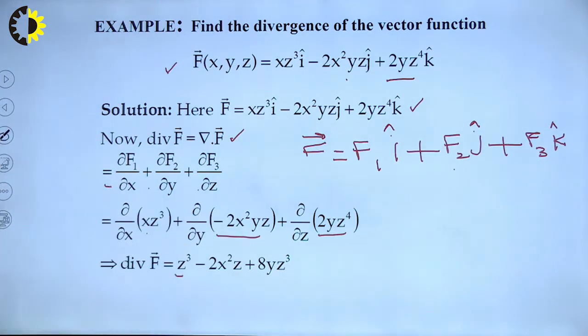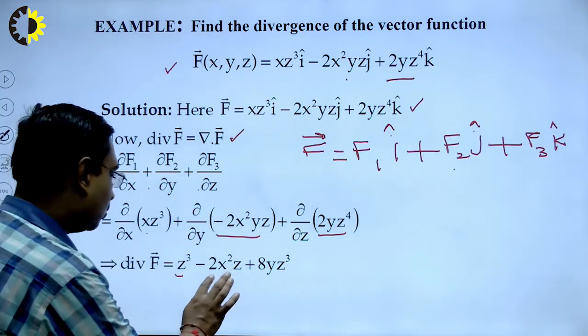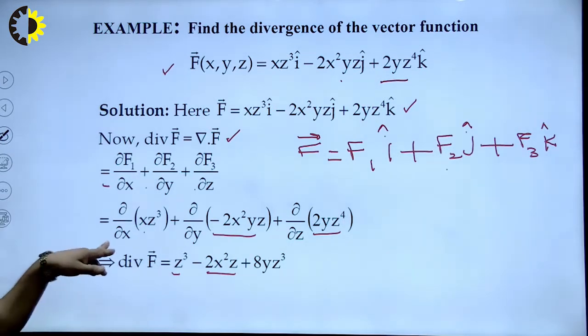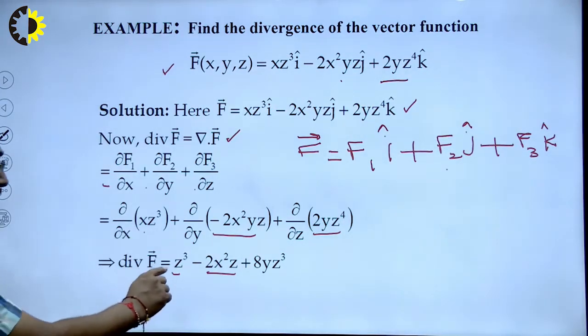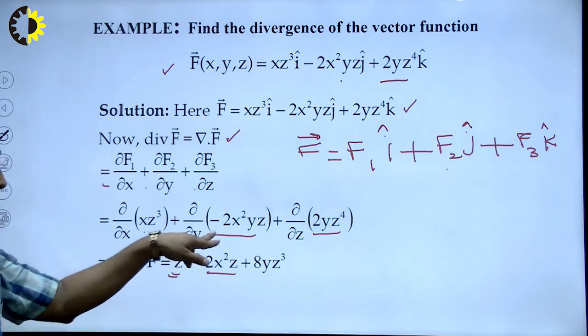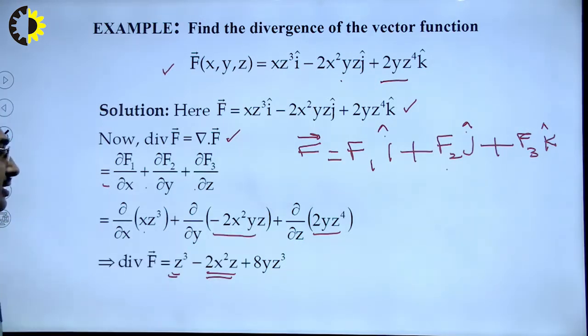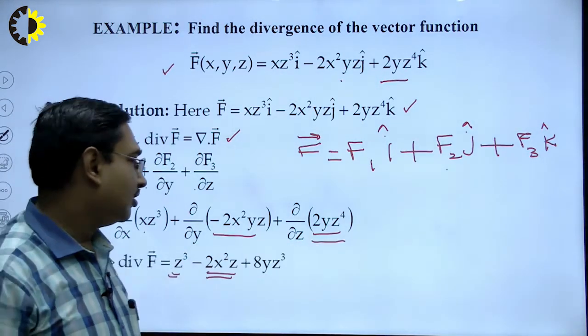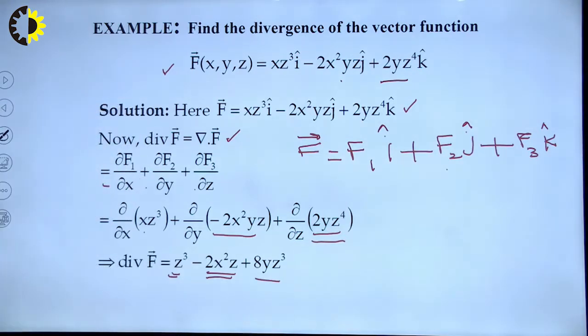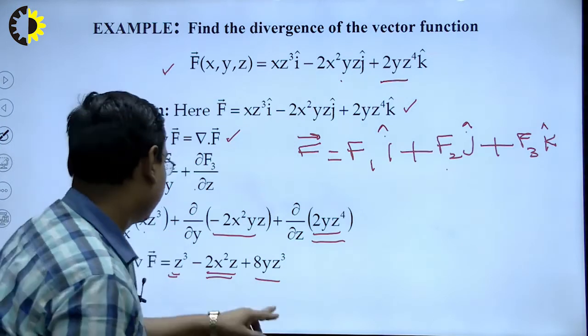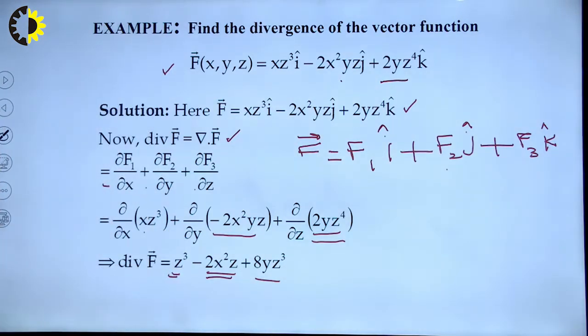This is partial differentiation with respect to y, so the second term gives minus 2x square z, and del upon del z of this term gives 8yz to the power 3. Thus, the value of divergence f for this function is z cube minus 2x square z plus 8yz cube.